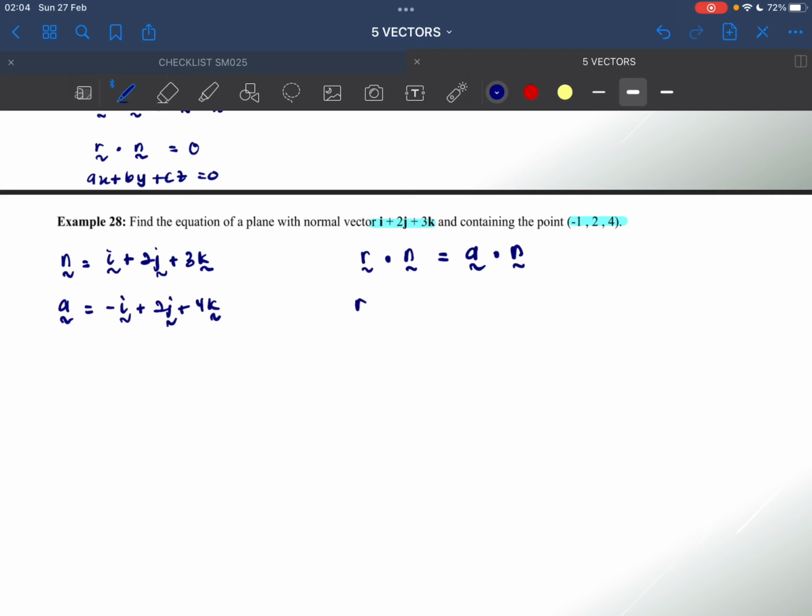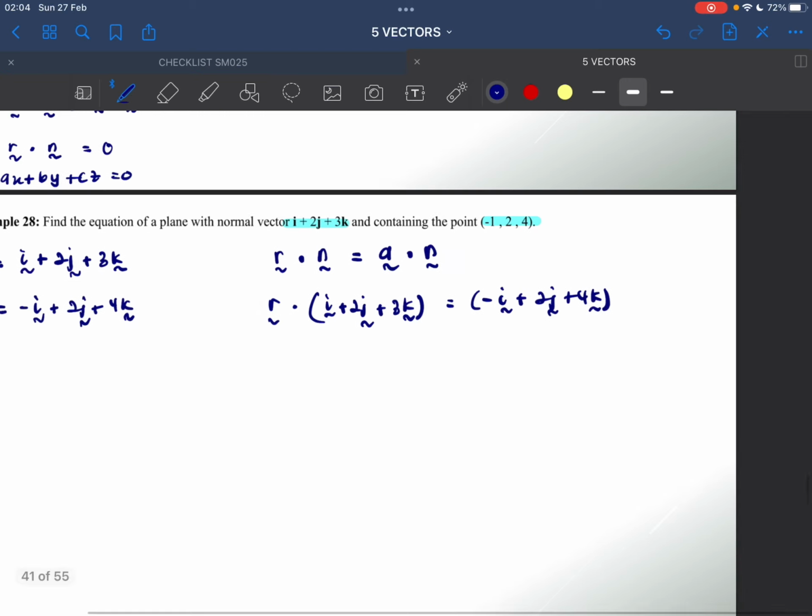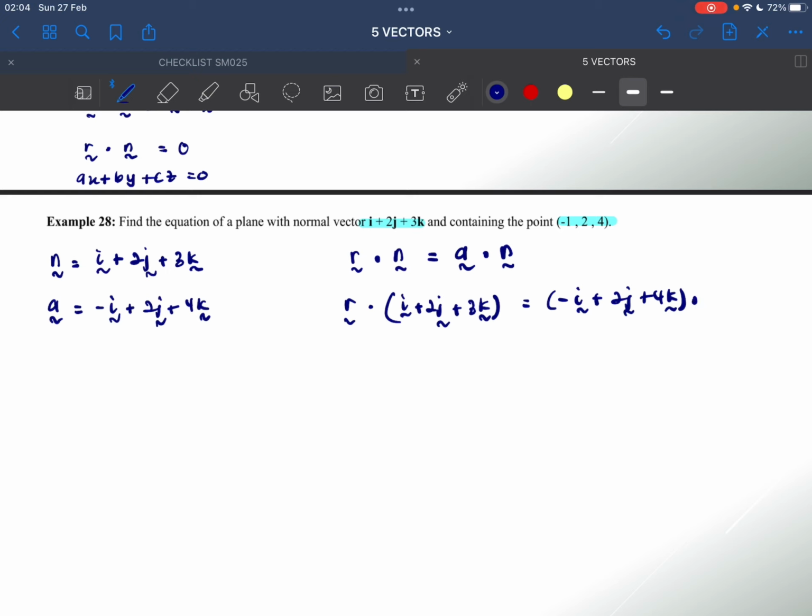So r, just leave it like it is. n here is i plus 2j plus 3k. A here is the point, negative i plus 2j plus 4k. And the other n is the same n as before, dot with i plus 2j plus 3k.